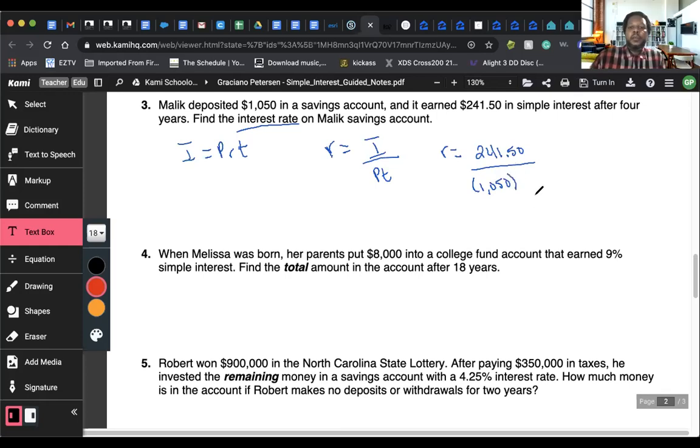And how long was it in that account? How many years? 4 years. Perfect. All right, so our first step is to multiply 1,050 by 4. It's going to give us 4,200. 4,200. Good. And so the next step is going to be dividing $241.50 by 4,200.